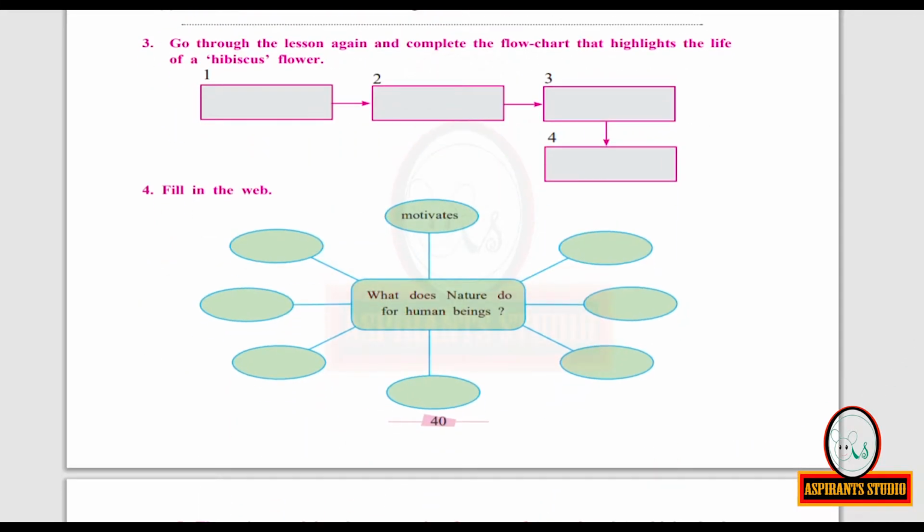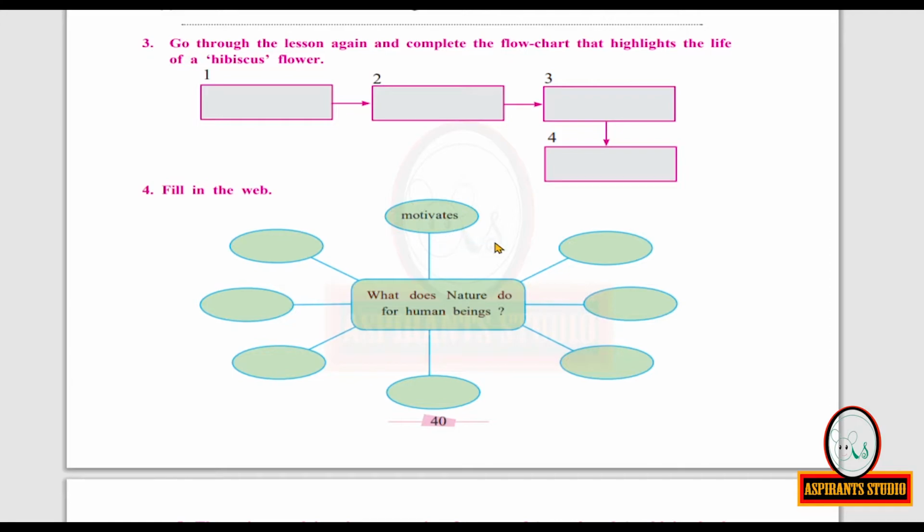Now fill in the web. What does nature do for human beings? It is the same as describing the role nature plays in our lives. What does nature do for human beings?